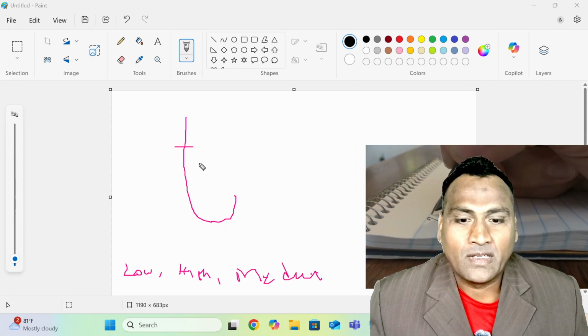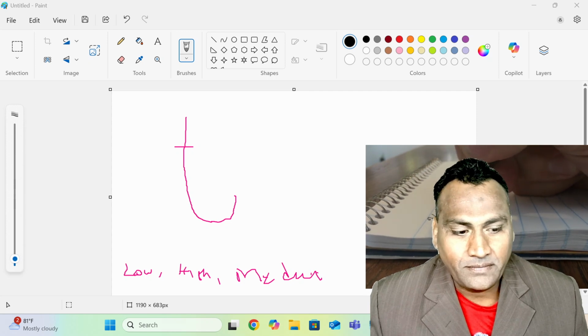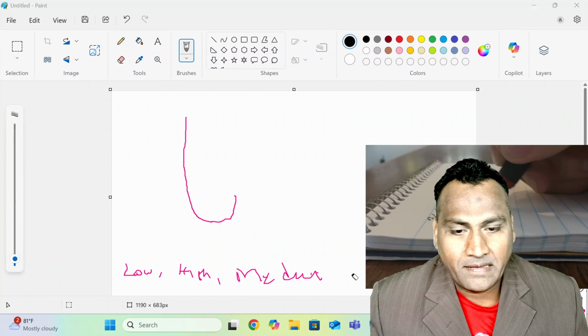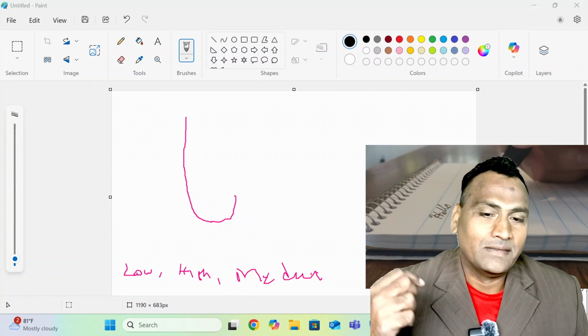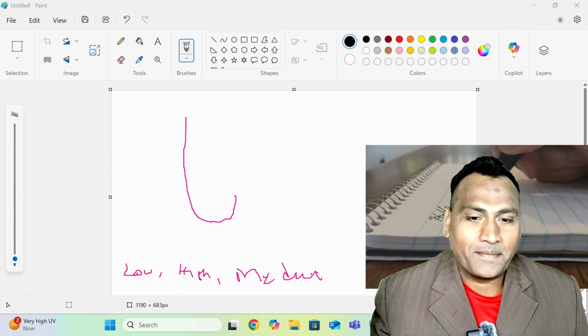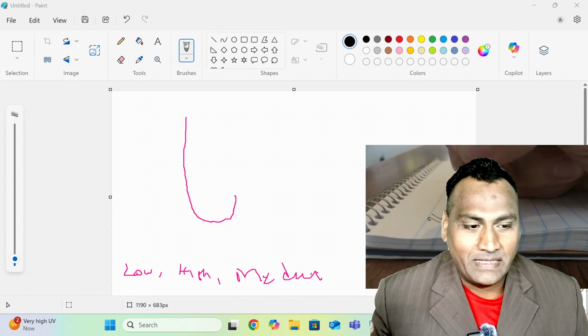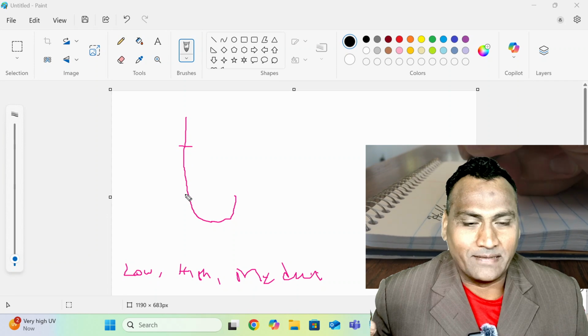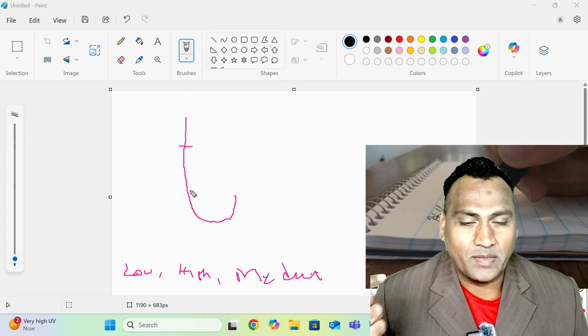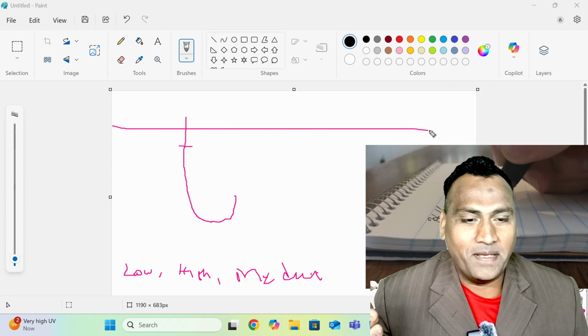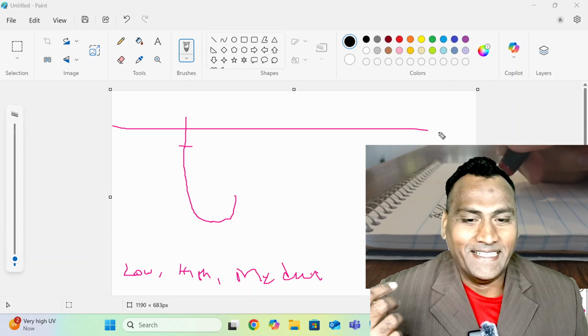Then the next thing is the length or width, what you call, of this stroke. If you give a small one, that talks about something; if you give a very big one like this, that's all the way.